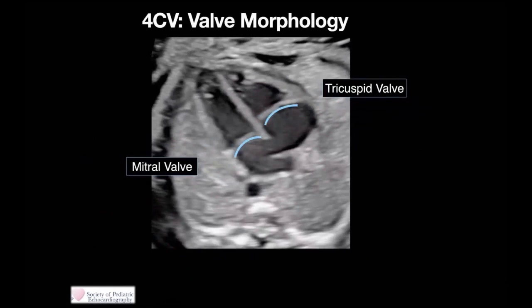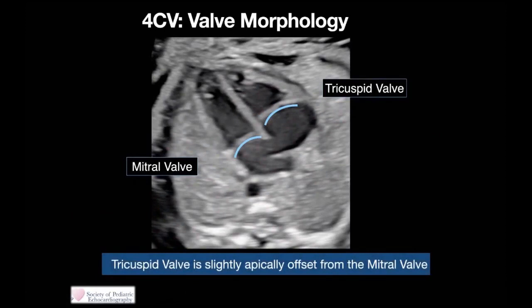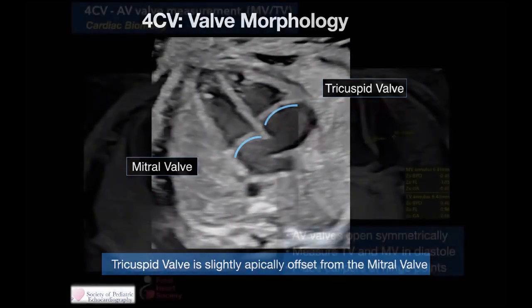Now, looking at valve morphology, the tricuspid valve is, as I mentioned, slightly more apically offset than the mitral valve. So this is very important to assess, as this is an anatomic feature that is typically absent in atrioventricular septal defects.